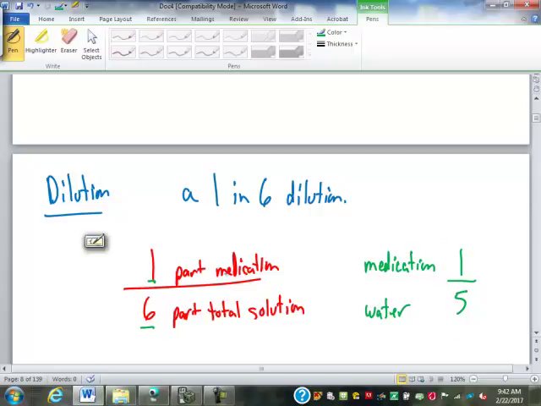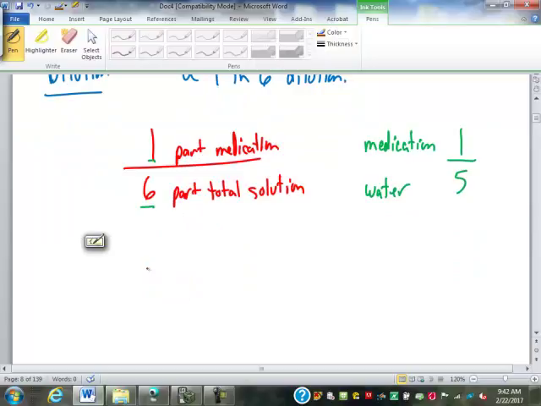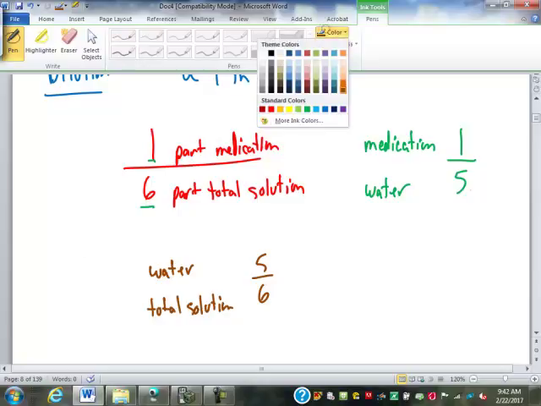The ratio of medication to total solution is 1 to 6. And we could actually put in the ratio of water to total solution. It would be 5 to 6. So often within a single ratio, there are actually a total of 3 ratios. The one is the one we're given. The other 2 are implied that we can find from that ratio.